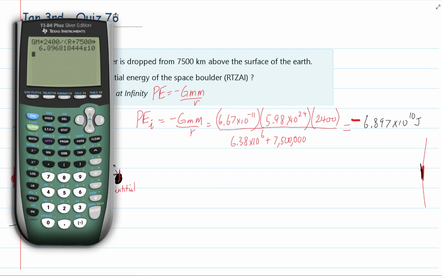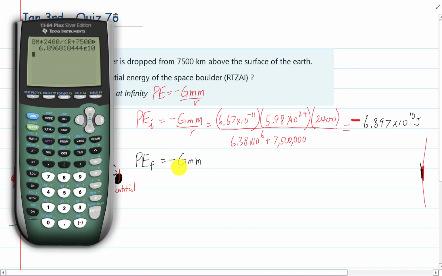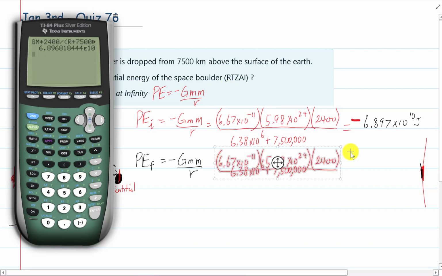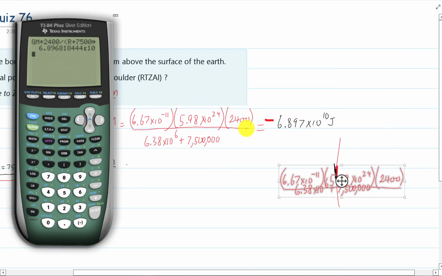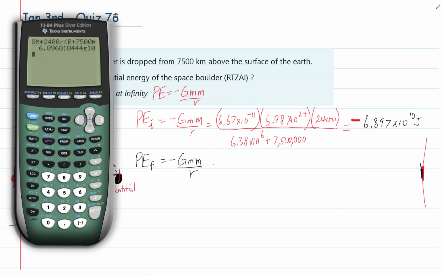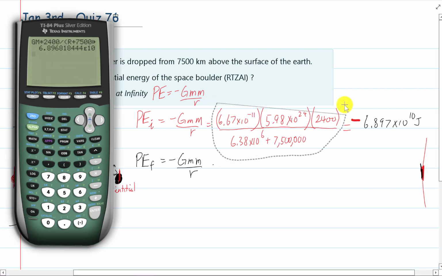Okay, now the potential energy final, when it lands on Earth, is given the same formula. Okay, but the formatting kind of clashes together. I don't even want to fix that, I don't think. Let's see if I put a dot down if it'll fix it. Nope. Let's copy it again. See if I can cheat one more time. That works better.